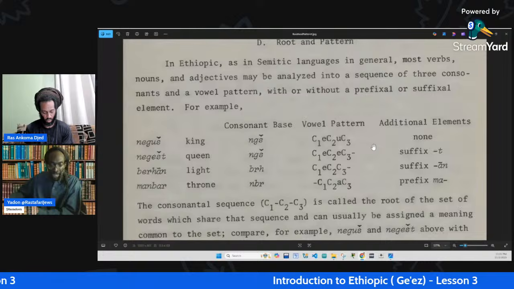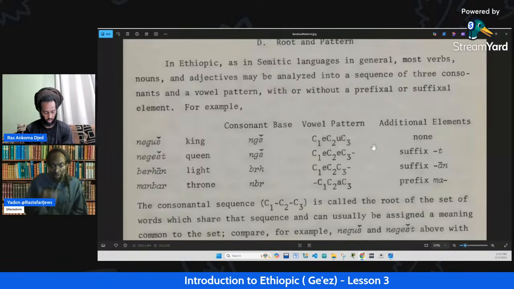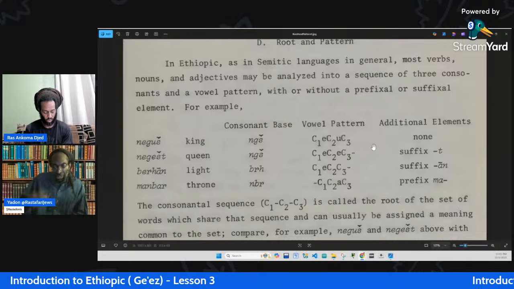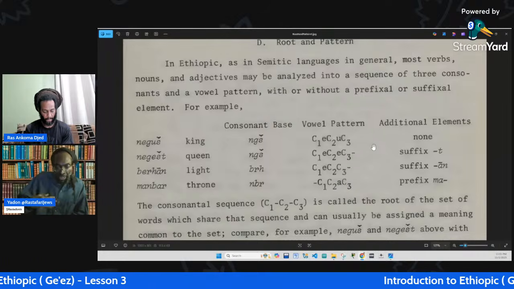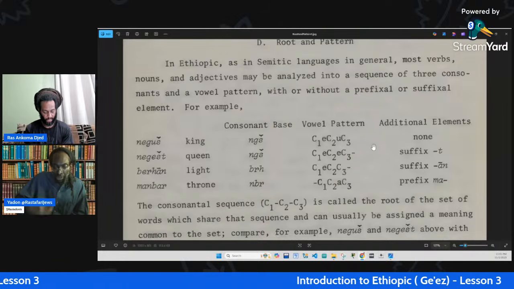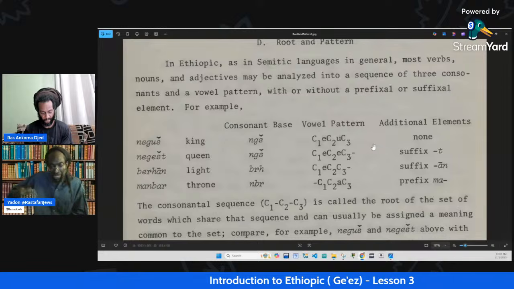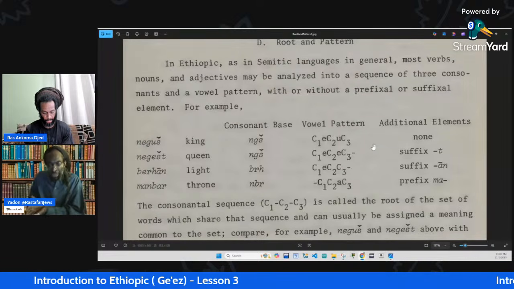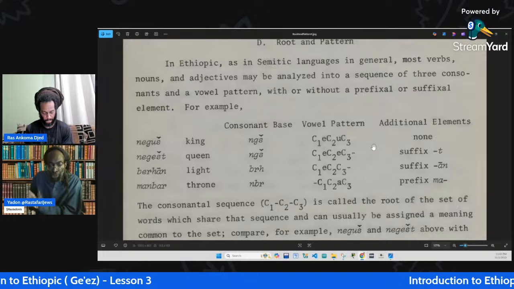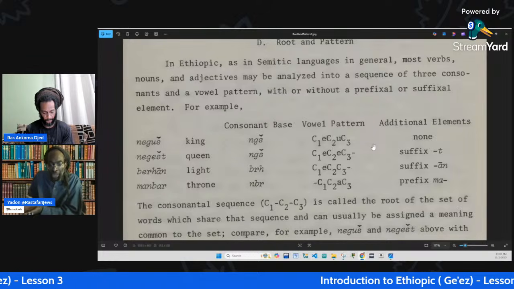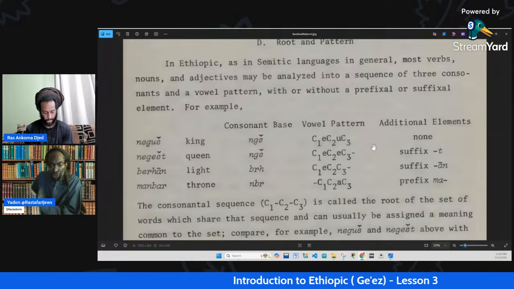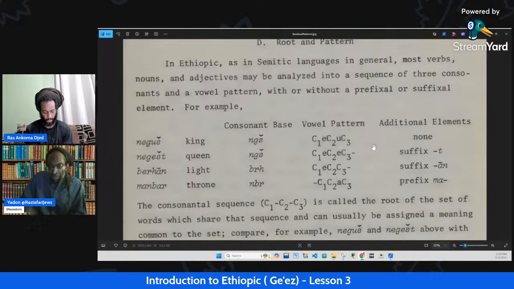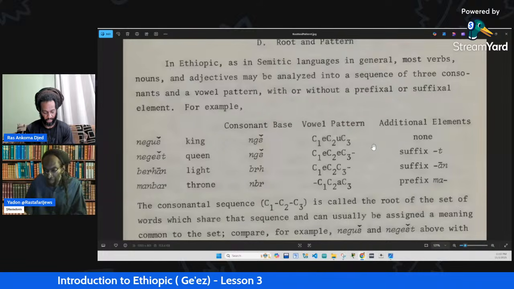But at the end, the sixth order has no main sound. So even though it's ne, gu, sh, the same sound is there at the end, but it seals up the sound, so the vowel is not emphasized. So negush, right? Not negushi. So you notice the C3 has no vowel right there, right?